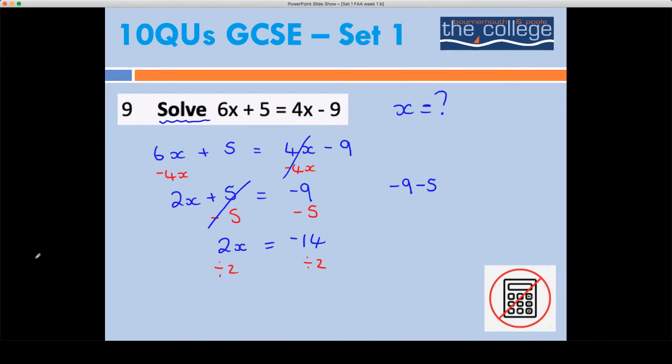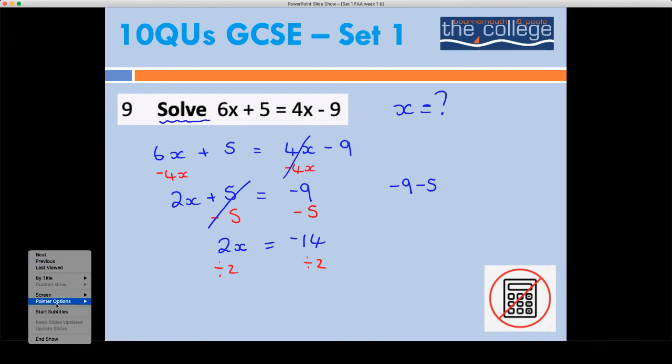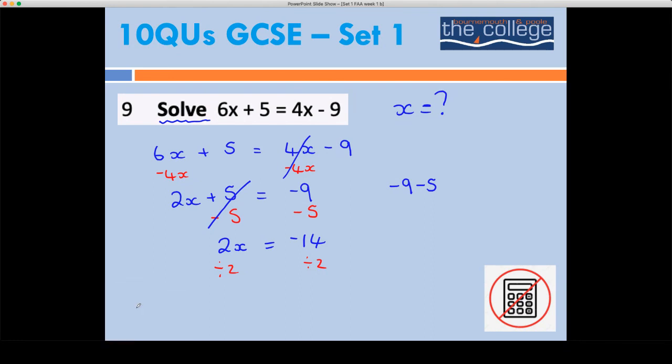I'm now left with 2 on this side, with x on this side, and with minus 7 on this side. Okay, so x is equal to minus 7.